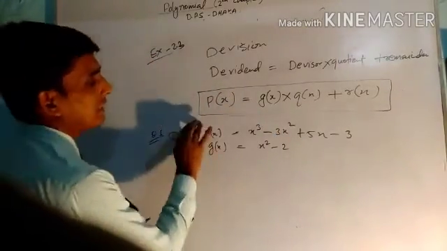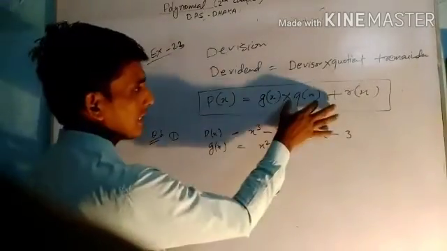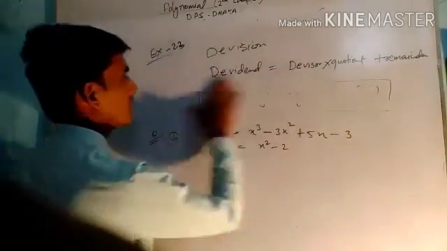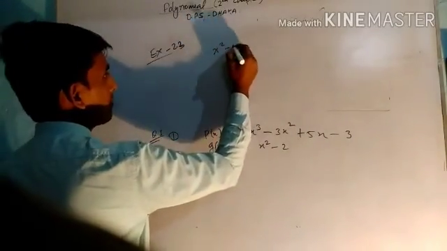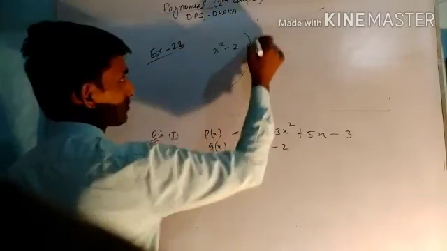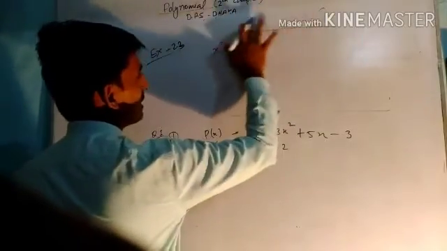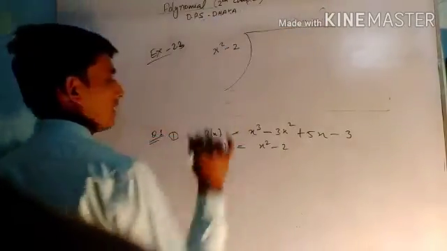Similarly, we have to divide this and find out the quotient and remainder polynomial. So for dividing this, write g(x) equal to x square minus 2 here. We will write the quotient polynomial here.